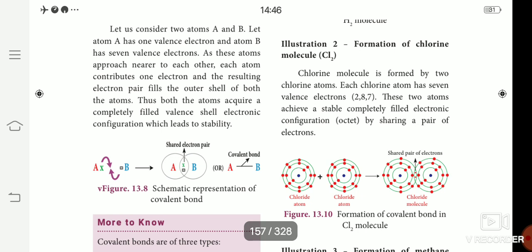The third shell has 3s2 and 3p6, but one chlorine is short of 1 electron in the third shell.